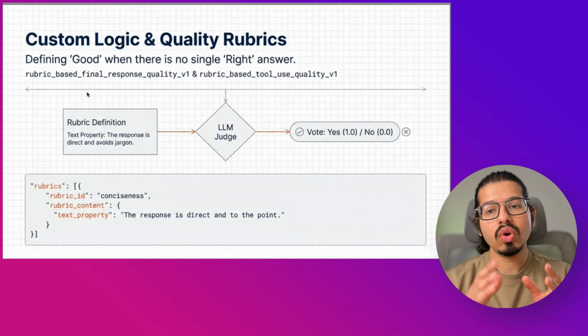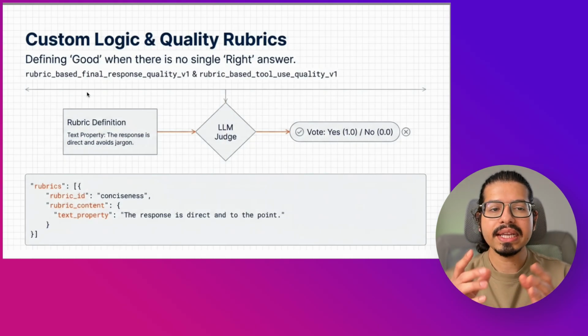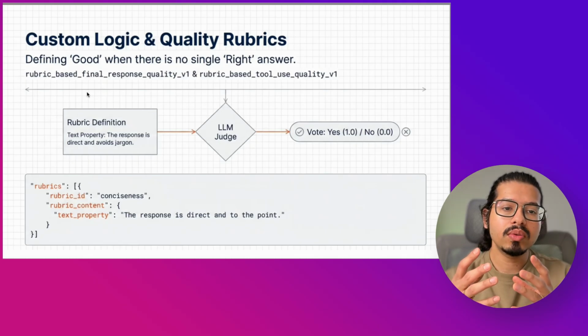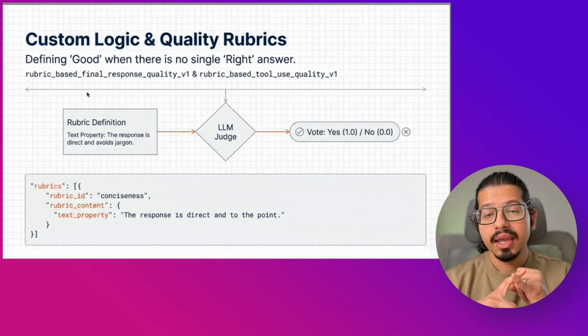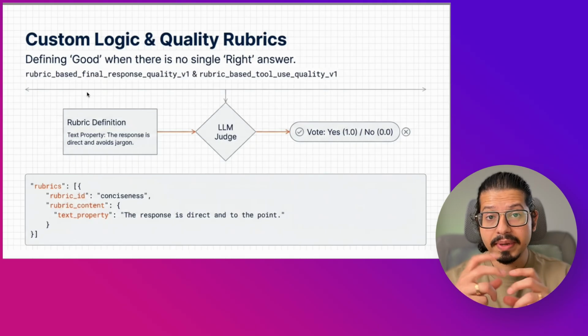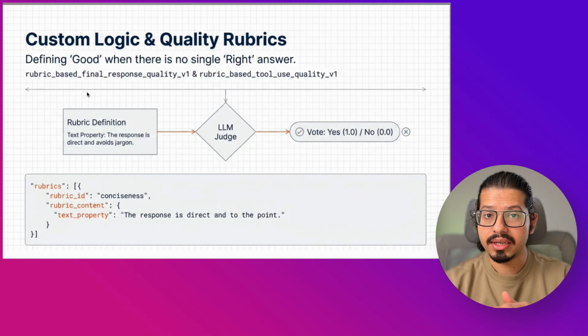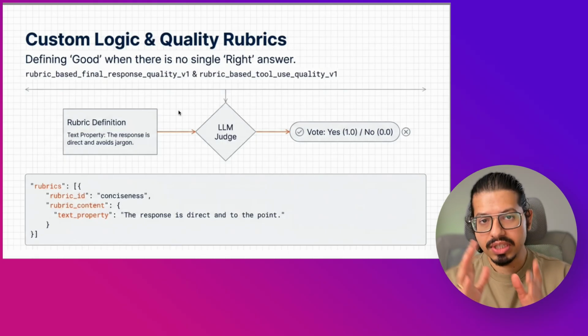Custom logic and quality rubrics. Sometimes there isn't one objectively correct answer. We may care about whether the response is concise, whether it avoids jargon, or whether it follows the expected tone guidelines. And that's where rubric-based evaluations come in. We define what good actually means.